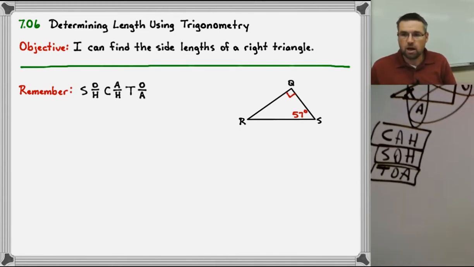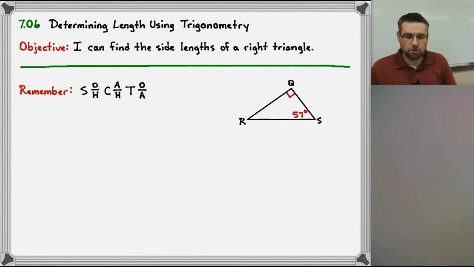Okay? All right. With that said, let's go ahead and create the ratios according to this triangle. So I'm going to use the names of the sides now instead of variables. We're going to just use the names of the sides. So for example, this side is named RQ, the distance from point R to point Q. This side is QS and this side is RS. So if I want to identify the sine, the cosine, and tangent of the angle 57 degrees, I've got to identify the three sides.